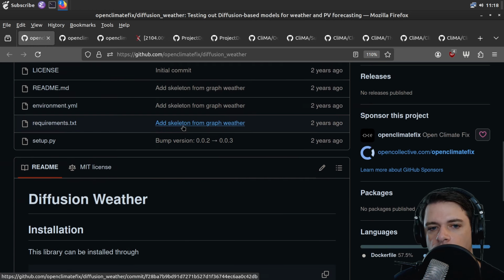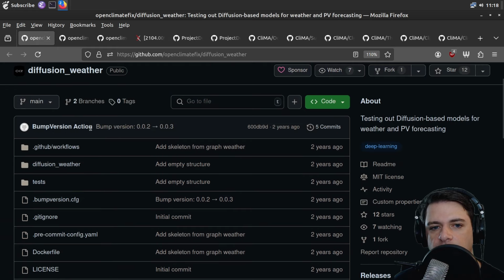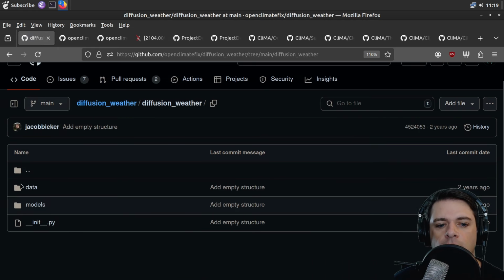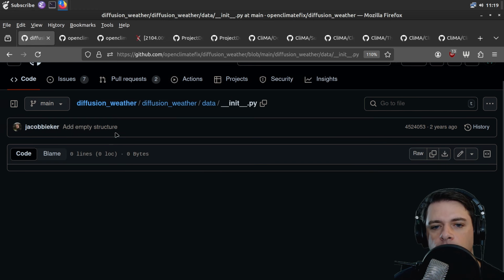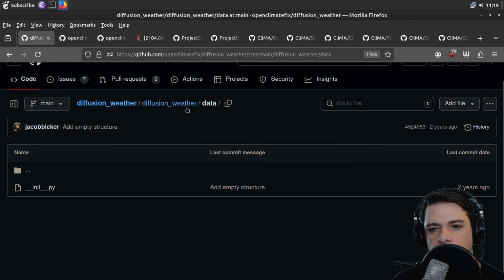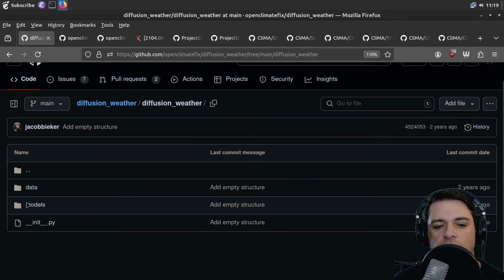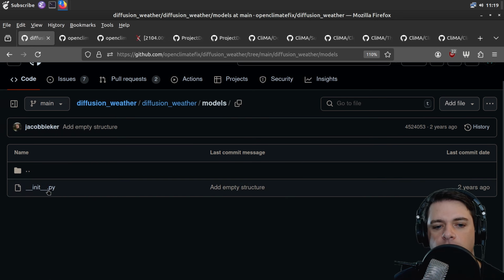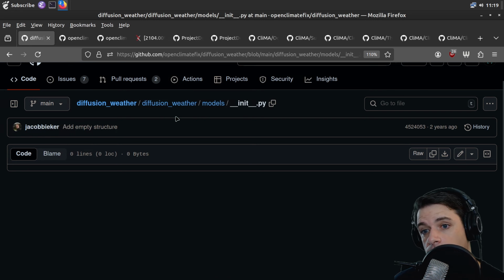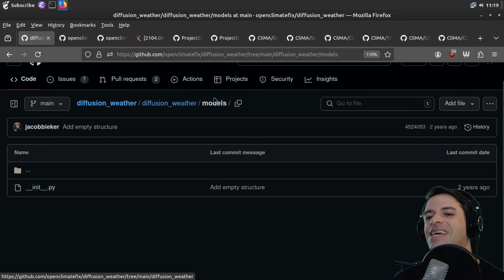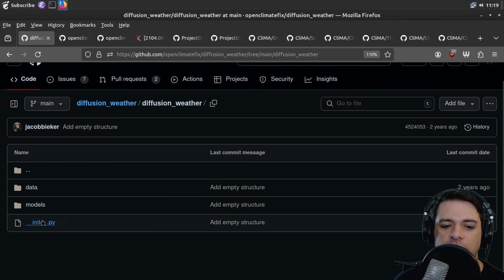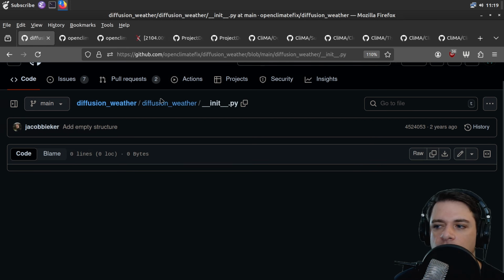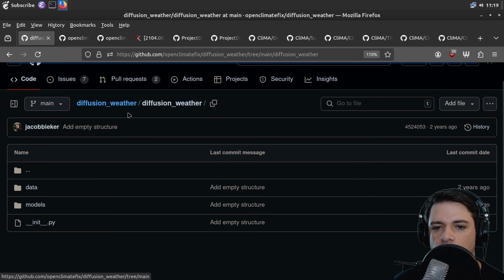Okay. So this, I think, is mainly, let's see what's inside. We have some data, or at least we have a folder for data. And we have something in models, I hope. Is there anything? Is there anything in this repo? Is it in the init.py? What is going on?